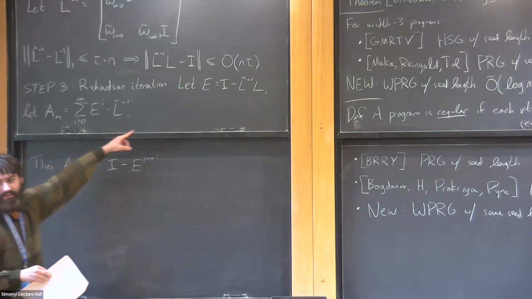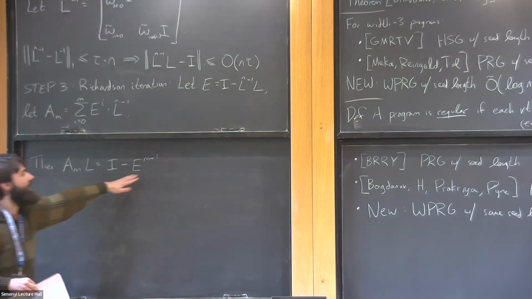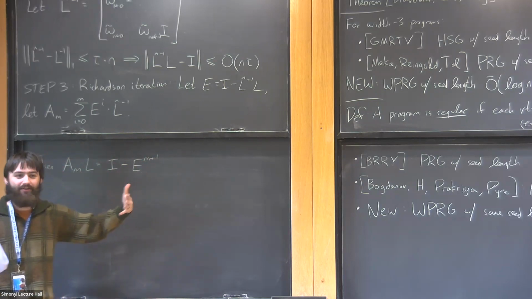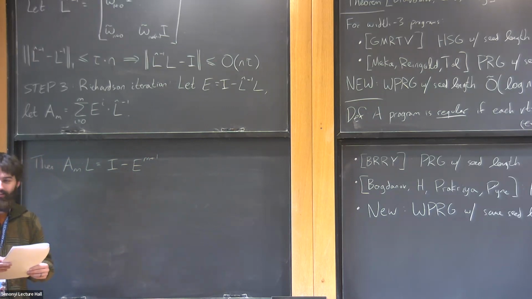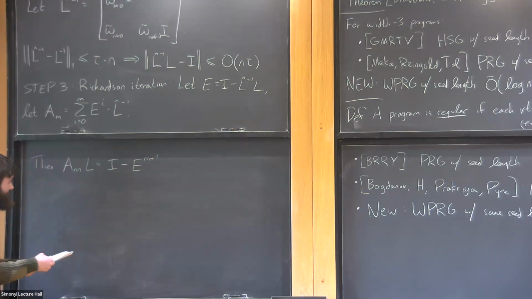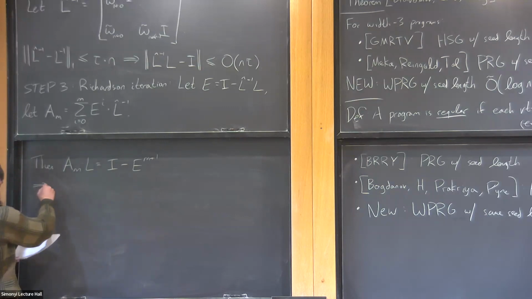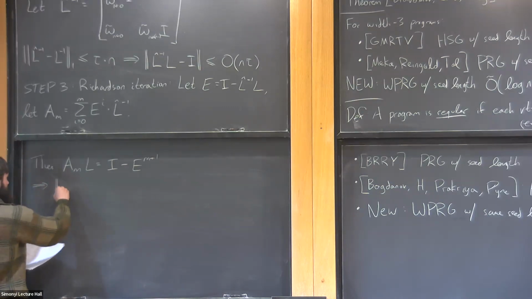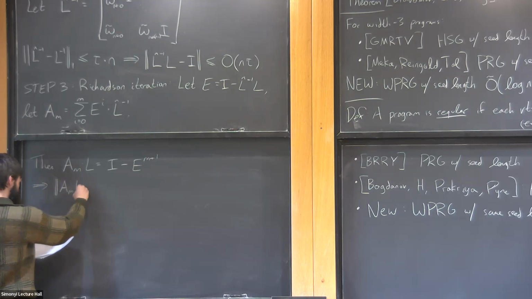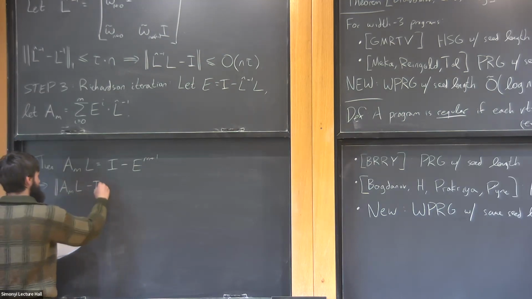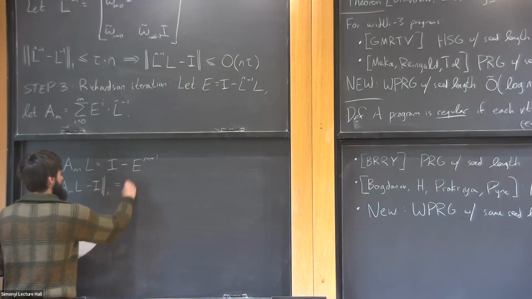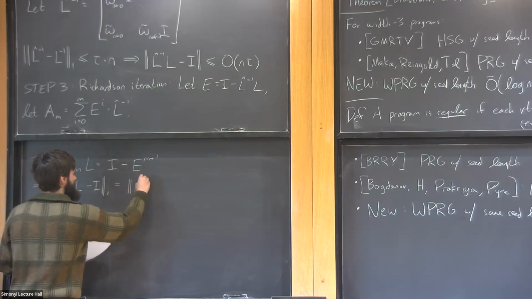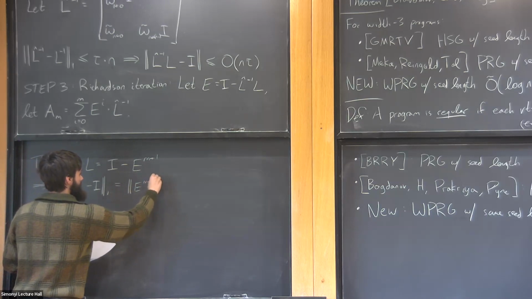E is the error matrix. So we've taken our errors and raised our error matrix to some high power, which means that everything's getting smaller. We're decreasing the total amount of error. In particular, this means A_M times the Laplacian minus the identity, if we take the norm of this thing, is the norm of E to the M plus 1.